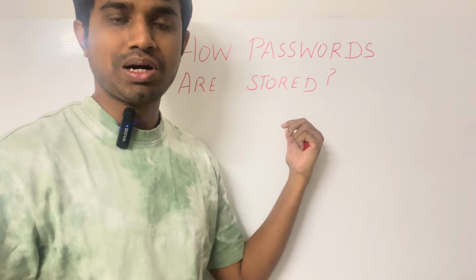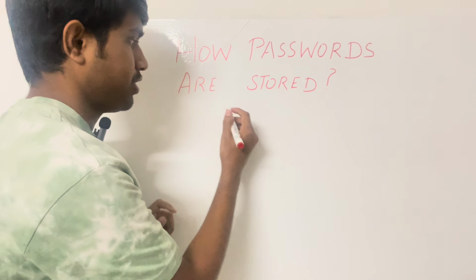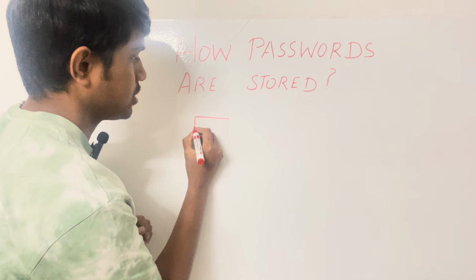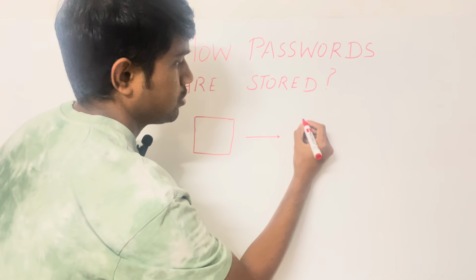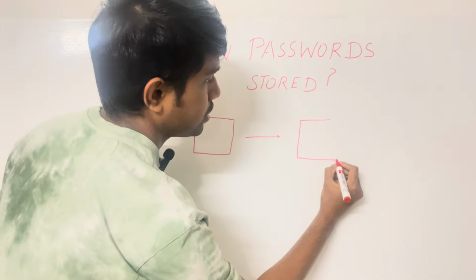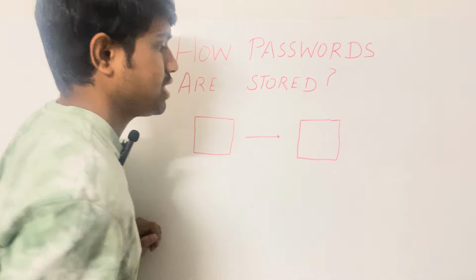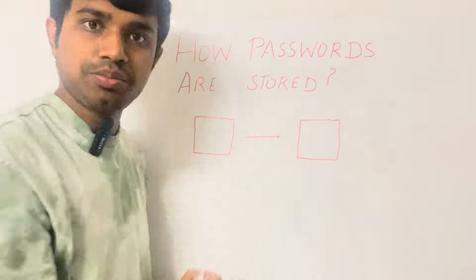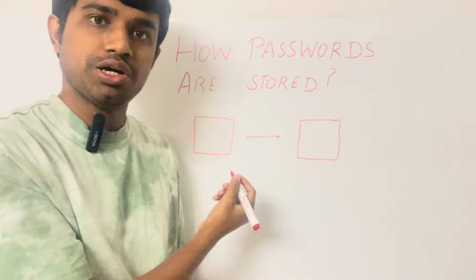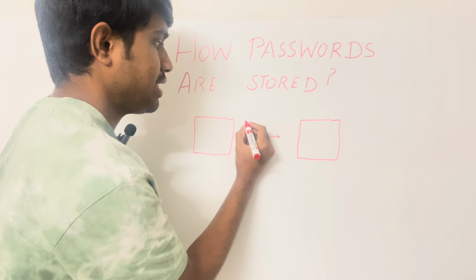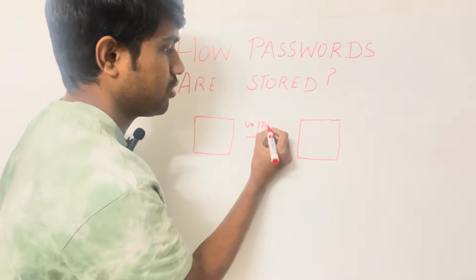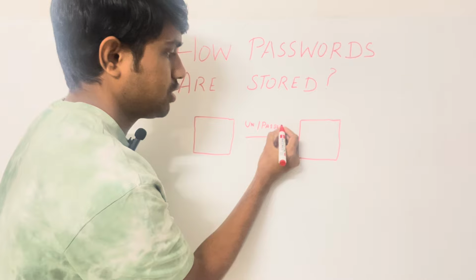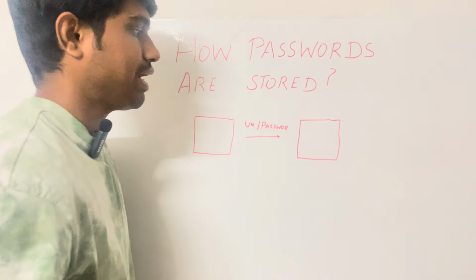So when is a password needed? It is pretty straightforward. You have your system, and you sign up to a website. On the sign up page it asks you to give a username and password, and then you give a username, password and email or whatever it is.